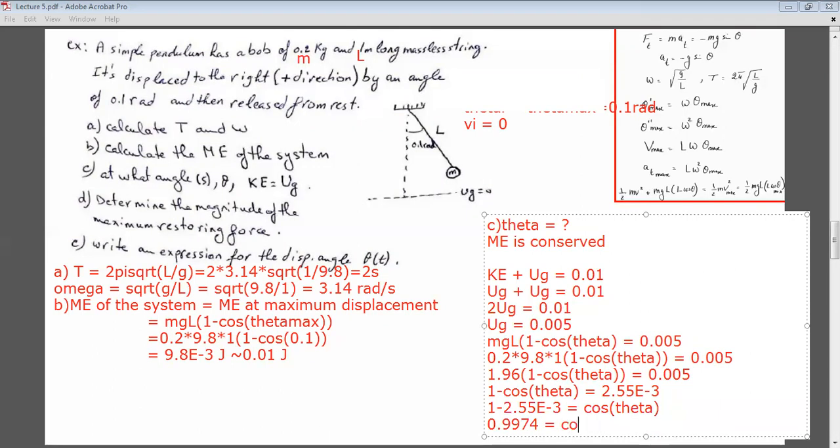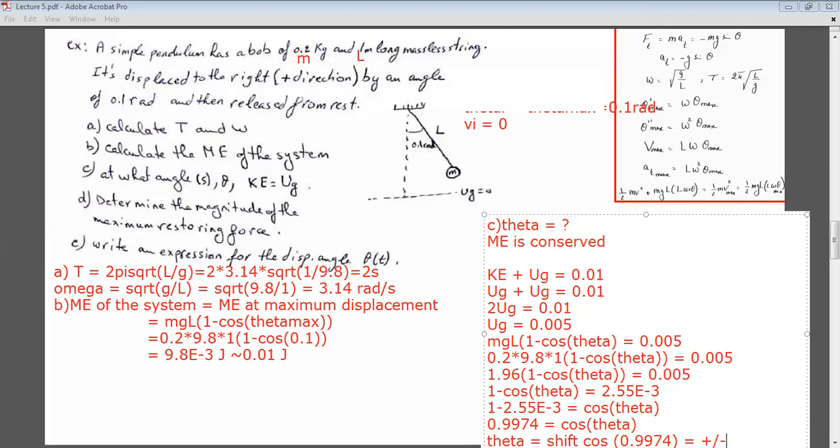This is equal to cosine of angle theta. And now to get angle theta, I do shift cosine. So theta is equal to shift cosine of 0.9974, and always remember, this will give me two values, plus or minus.